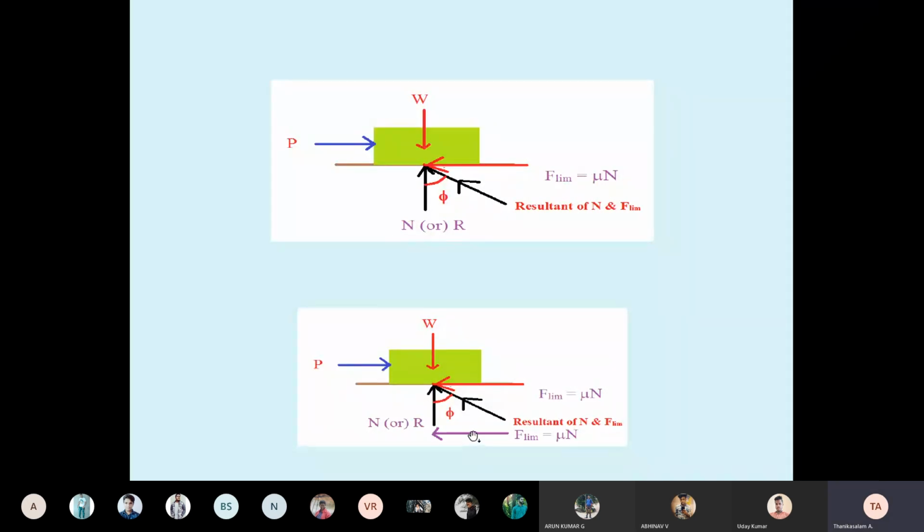This is the definition: the angle made between the normal reaction and the resultant of N and F. That is called the angle of friction. So tan phi equal to F limit divided by R.